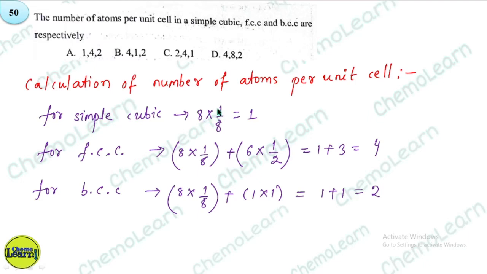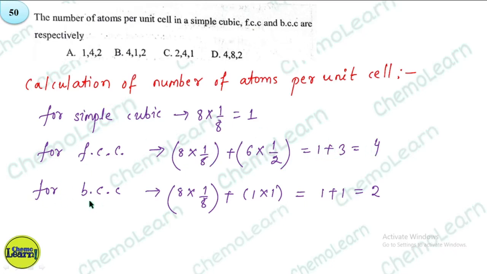So 8 into 1 by 8 equals 1. For FCC, face centered cubic lattice, we have atoms at the corners and at the centers of faces. Corner contribution is 1 by 8, so 8 into 1 by 8, and the face contribution is 1 by 2, so 6 into 1 by 2. So it will be equal to 1 plus 3, that is 4.